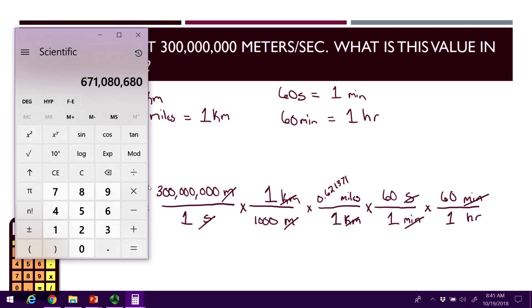And that gives me 671,080,680. And so that's our answer there. And remember, that answer is in miles per hour.